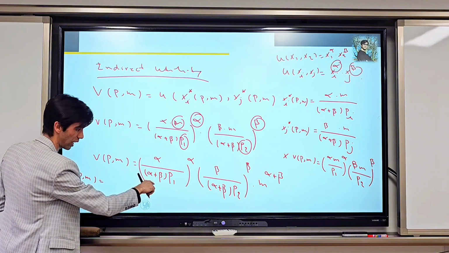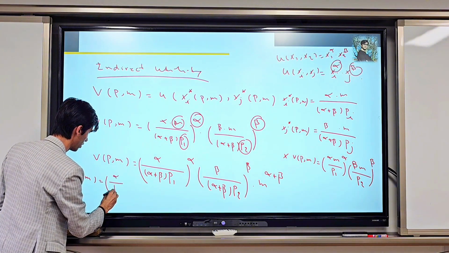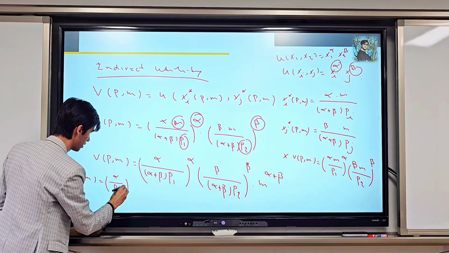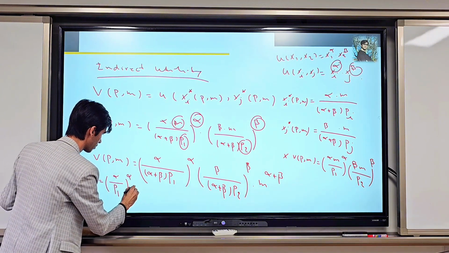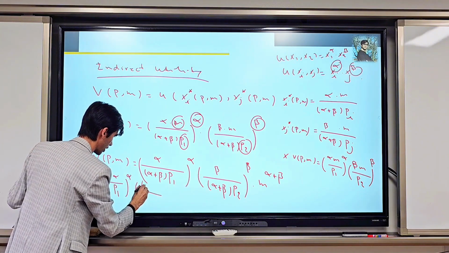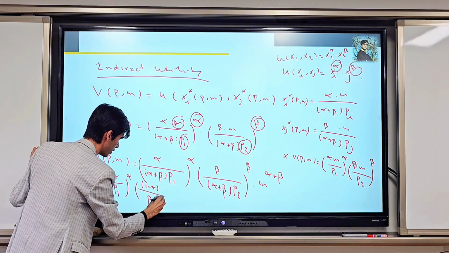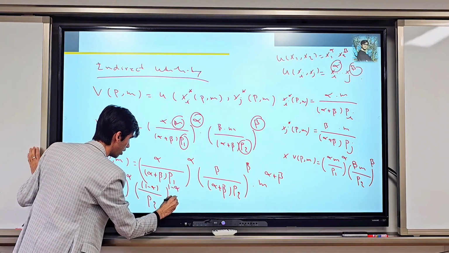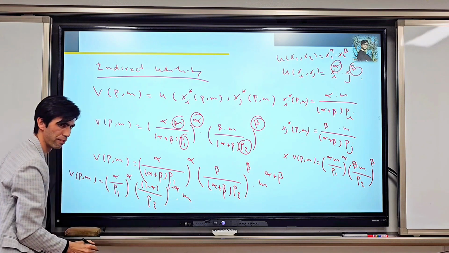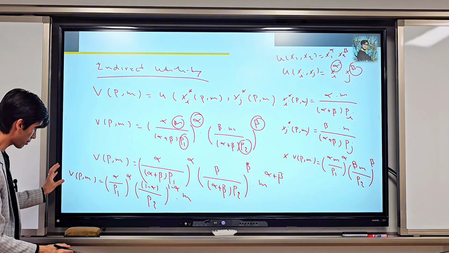This one will be equal to 1. Then we will have alpha over P1 to the power of alpha, then this will change to 1 minus alpha divided by P2 to the power of 1 minus alpha, multiplied by M.